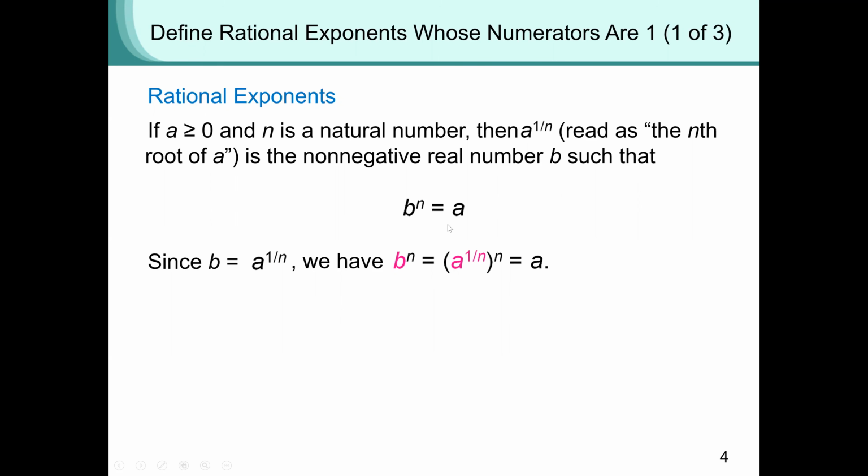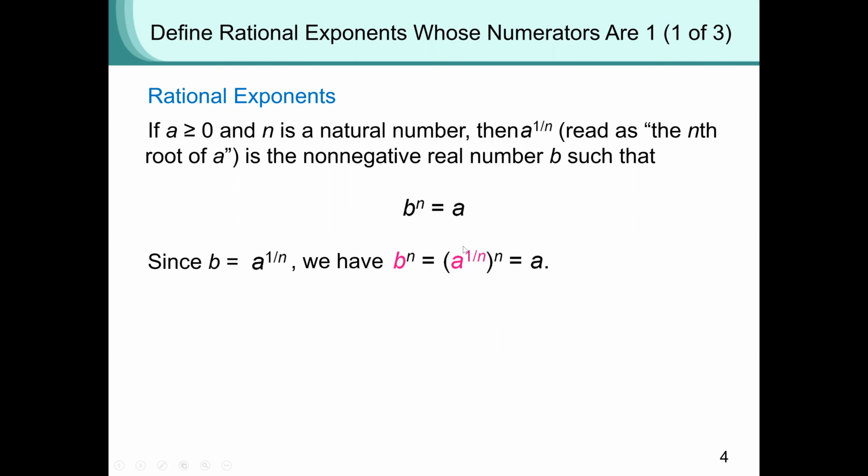Again, what this means is we can say that if I have any base value, in this case a raised to the power 1/n, and it's multiplied by n, we can see that n will cancel n, because 1/n multiplied by n will be n/n, which will be 1. So that's why our answer is a.